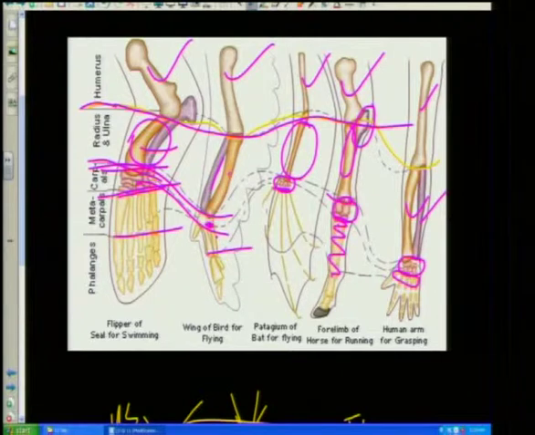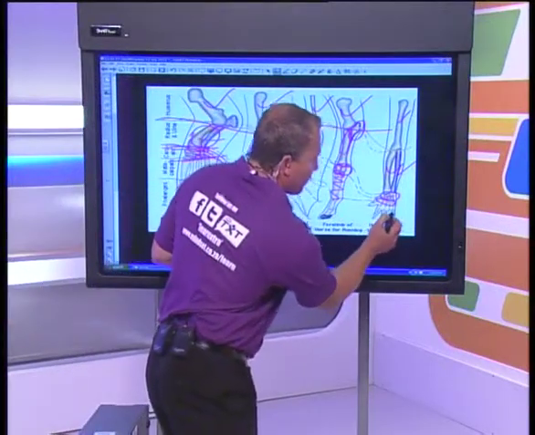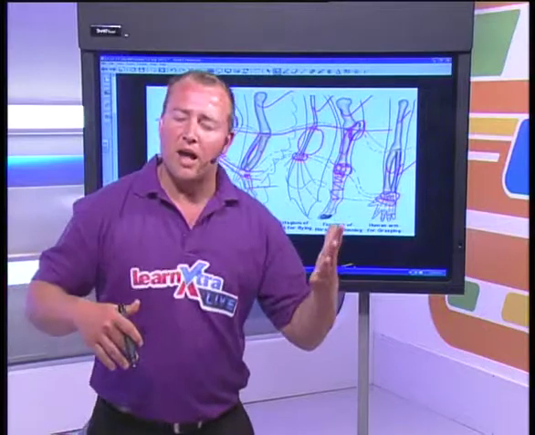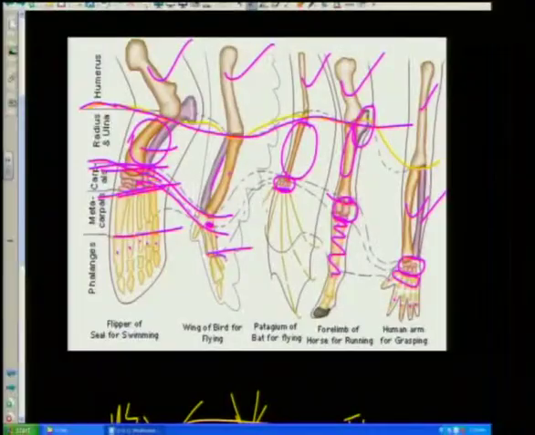Now watch this carefully. Okay, there is 1, 2, 3, 4, 5. Cool. So he's got 5, just like a human. There it is. 1, 2, 3, 4, 5. 5 metacarpals, 5 phalanges. Okay, over here we have a problem. If you have a look here, 1, 2, 3, 4, 5. All 5 are present.